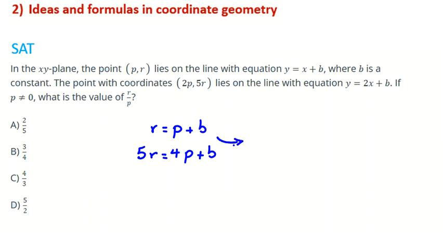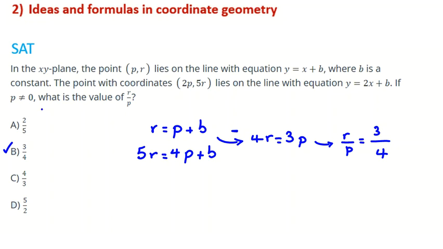We should get rid of that by subtracting. 5R minus R is 4R, 4P minus P is 3P. If we cross multiply, 3R equals 4P... R over P is 3 over 4. So the answer is B.